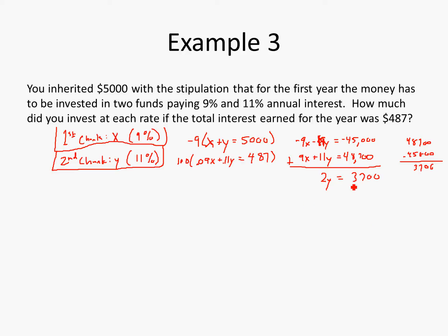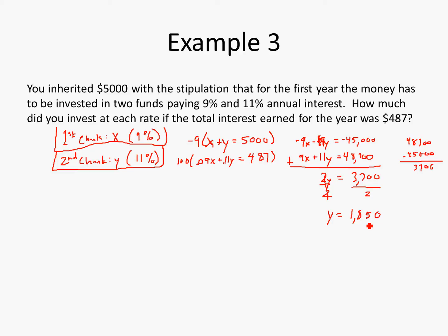Okay, so 2y is $3,700. If you divide both sides by 2, then y will be $1,850. Yeah, that's right. So $1,850 will be our amount that was invested at 11%.